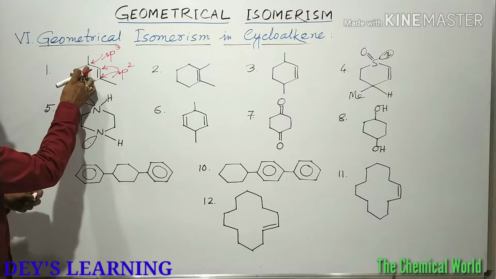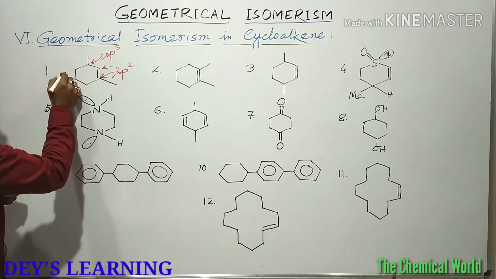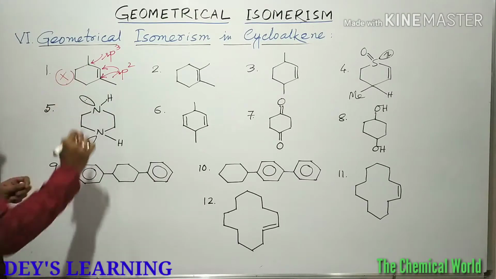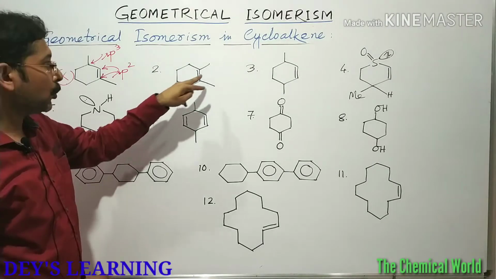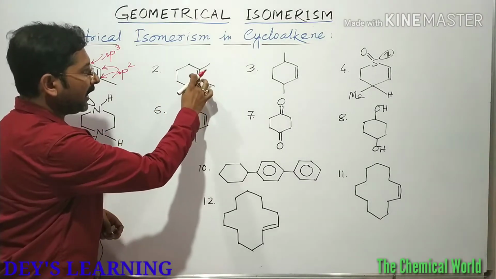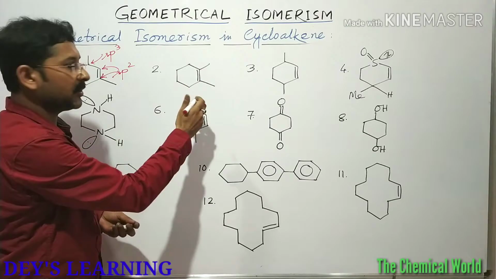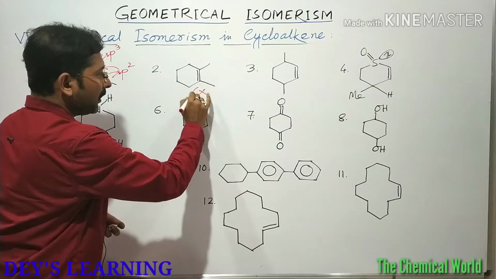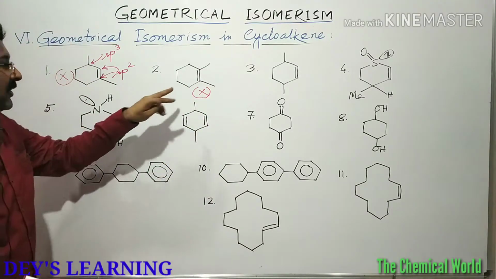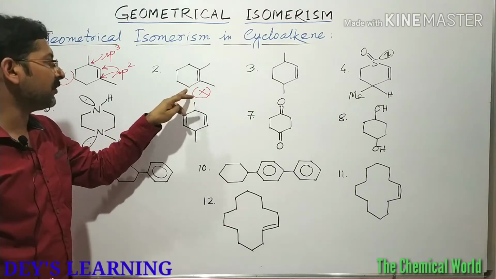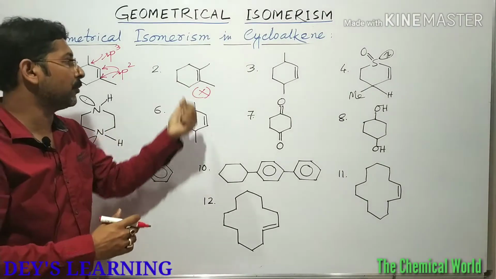It contains one, so geometrical isomerism is not possible here. In compound 2, around the 6-membered ring, around the double bond, geometrical isomerism is not possible, and it doesn't contain any sp3 hybridized carbon with different groups.